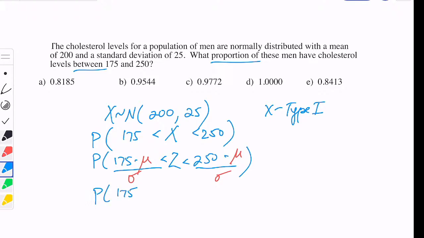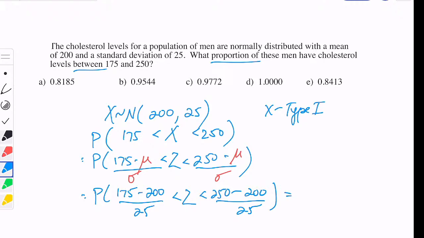The mean is 200, divided by 25. What do you get?